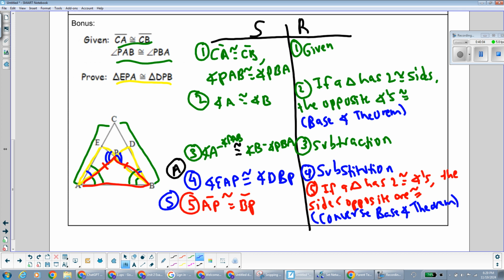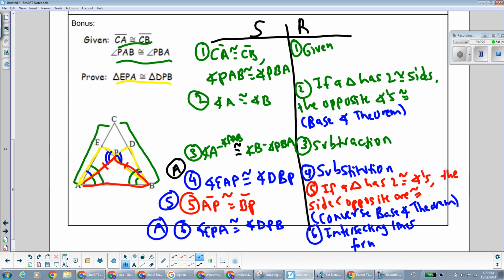And then finally, the last thing that we need is to mention the vertical angles, because we need that last angle. So that's going to be angle EPA congruent to angle DPB. And we can write over here, intersecting lines form congruent vertical angles.